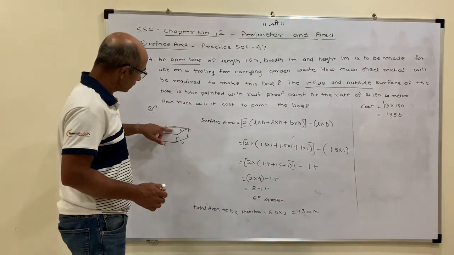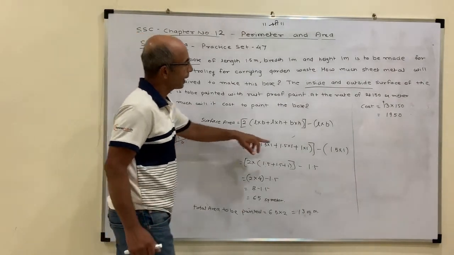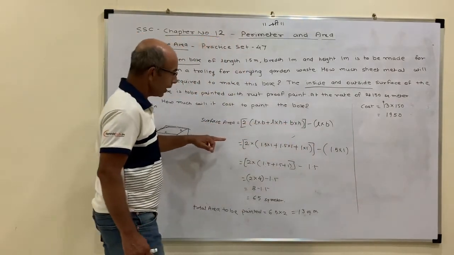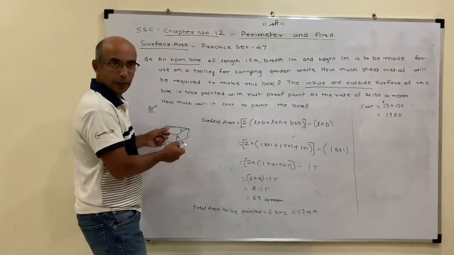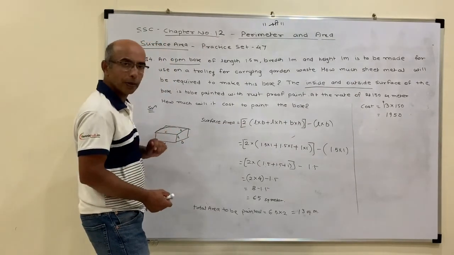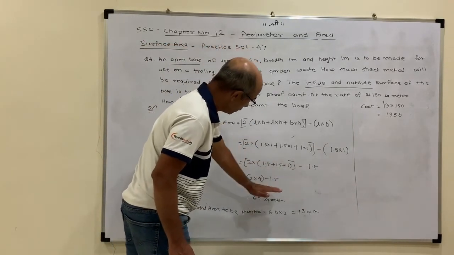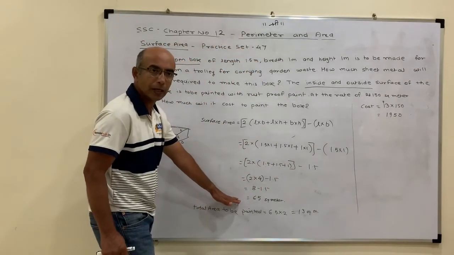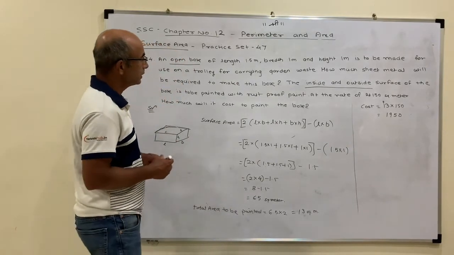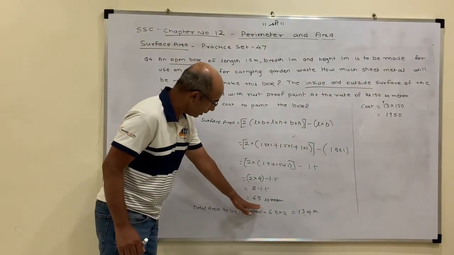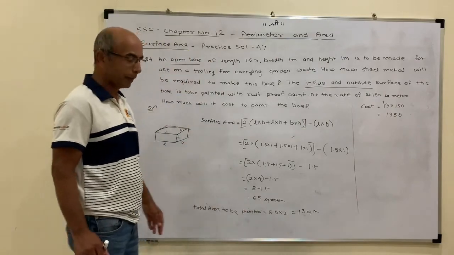Then that one, the surface which is not there, so I subtracted it once. So this I opened. In fact, when I subtracted, that means I am opening it. Now I solved it 1.5, 1.5, 1. So my total area, total size of sheet required is 6.5 square meter.